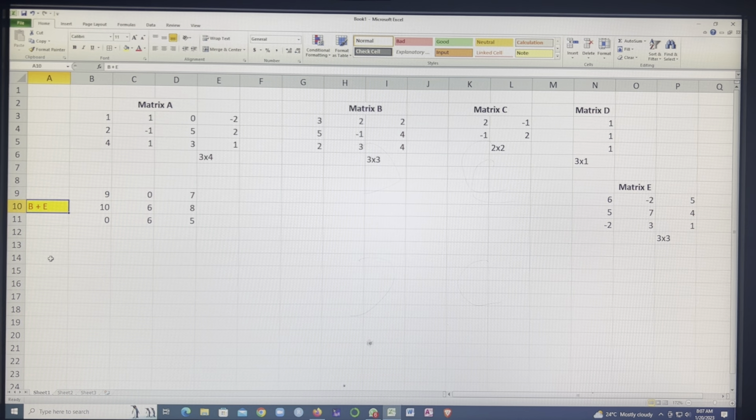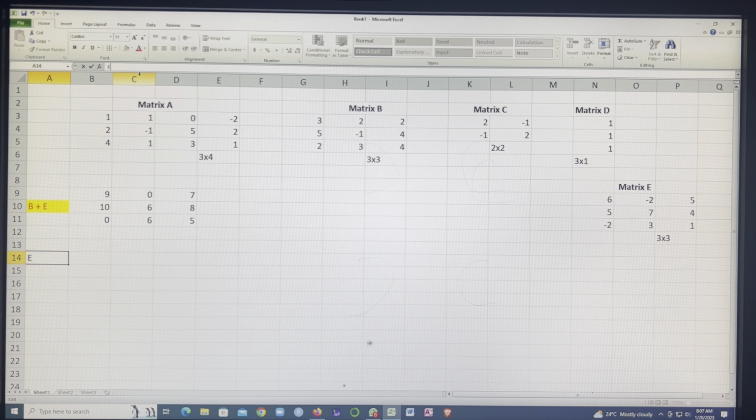Now let me come down and solve another one. I say matrix B minus matrix A. Since matrix B and matrix E have the same dimensions, I come here to edit.